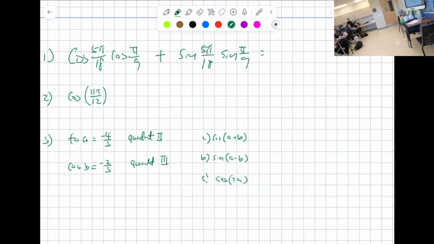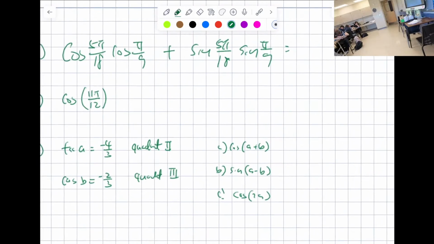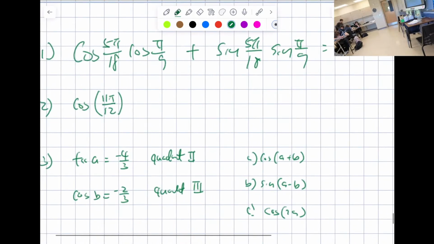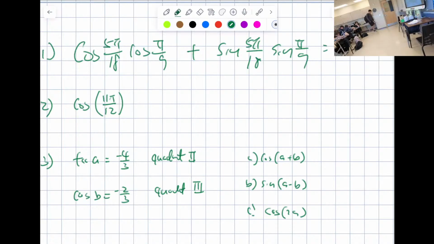What is it? C is asking you the cosine of 2A. The first one should be easy. Everybody should get the first one done. Yeah, you have to solve for it.